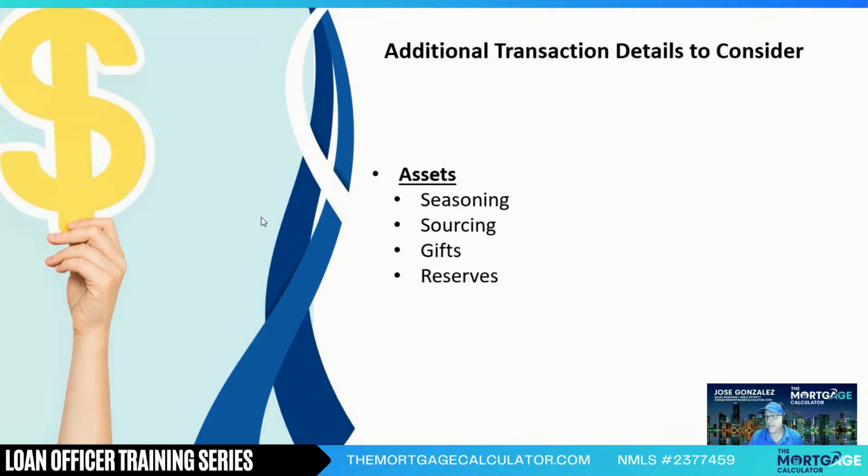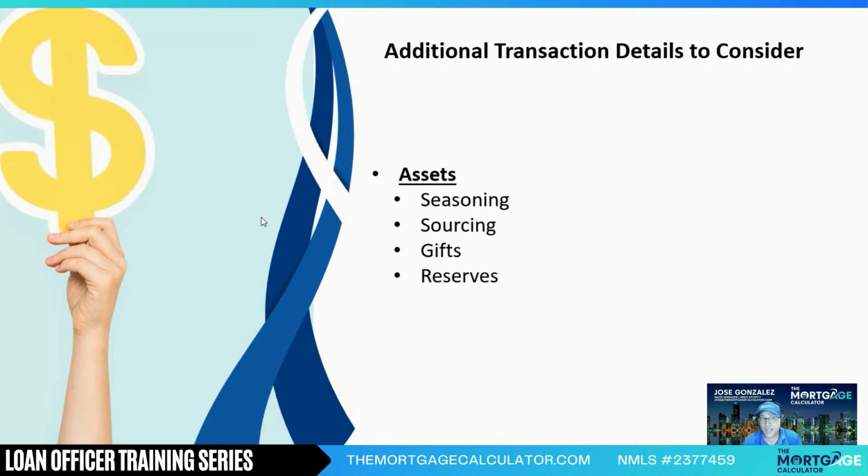So again, there's a lot of different options that you could find regarding reserves, and that's because, like I mentioned, all non-QM guidelines are going to be specific to that investor and their secondary market needs. Whoever they're selling their paper to says what they've got to do, that's what they're going to tell us, and that's what we're going to tell you.